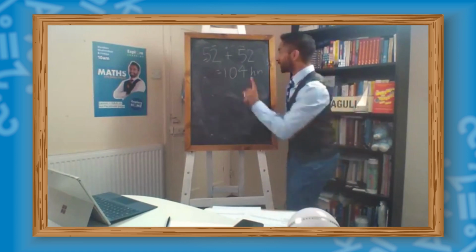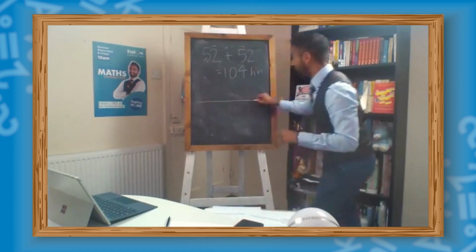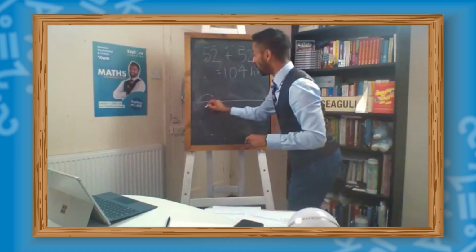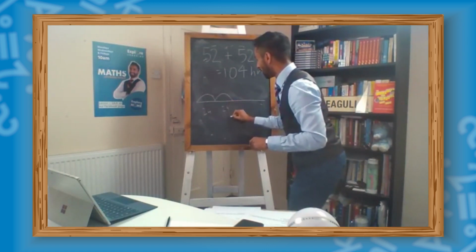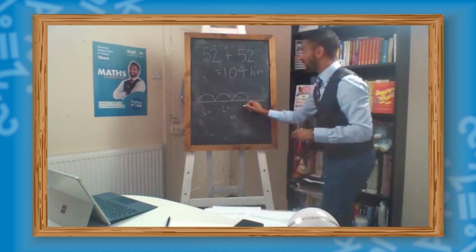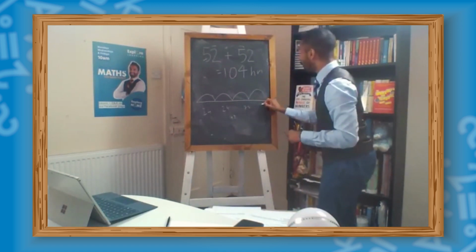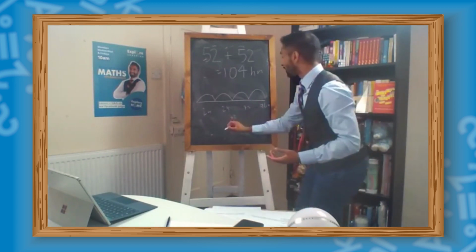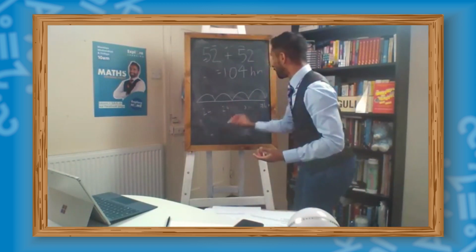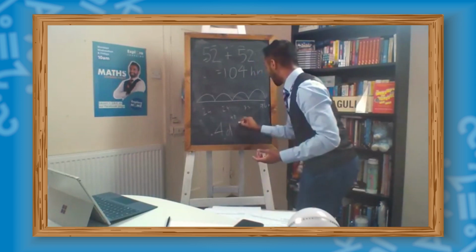It's 24 hours, so we count up in 24. So we've got our timeline. 24 takes us to 48. Then we add another 24, 72. Another 24, 96. And what's left over? As you said, 8 hours. So it's 4 days, 1, 2, 3, 4, 4 days and 8 hours.